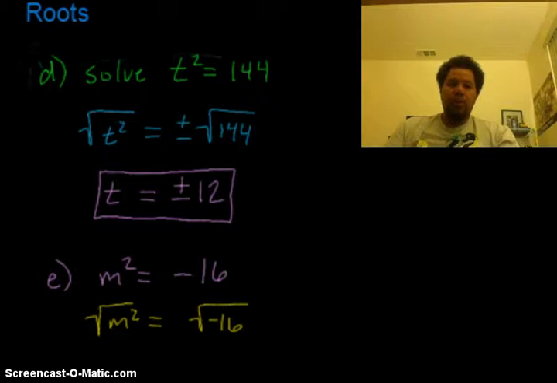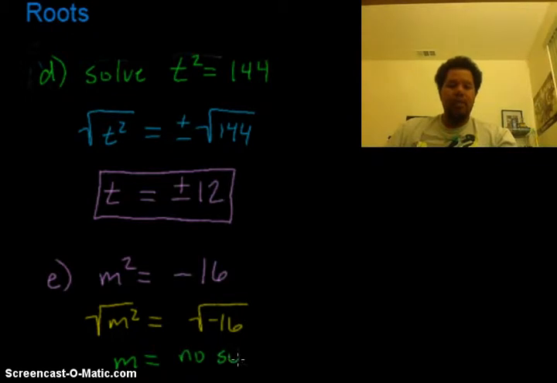Now here we end up with m on the left, but there is no way we can multiply a factor times itself to get a negative 16, because we know a negative times a negative is a positive. So we can't get two equal factors underneath here. So therefore there is no solution.